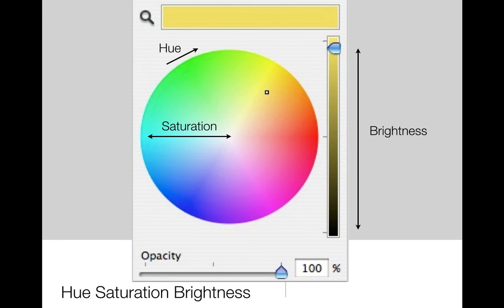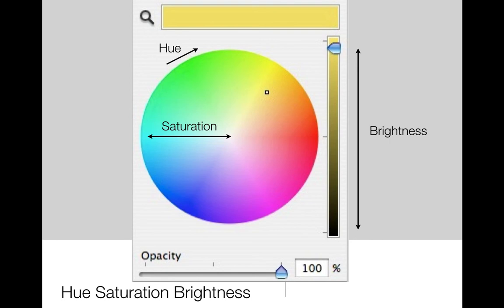Hue is typically represented as a point on the circumference of a circle, so it goes from 0 to 360 degrees. Saturation is usually represented as a point on the radius of that circle, goes from 0 to 100%, and brightness is on a separate axis, again from 0 to 100%.